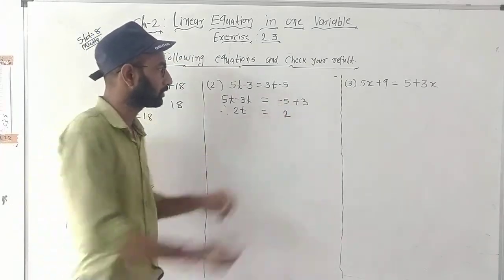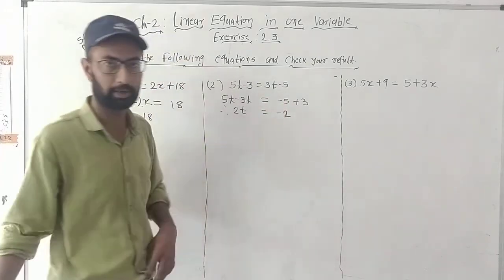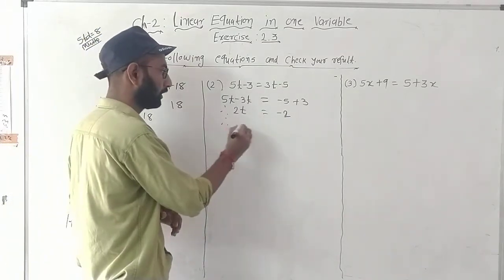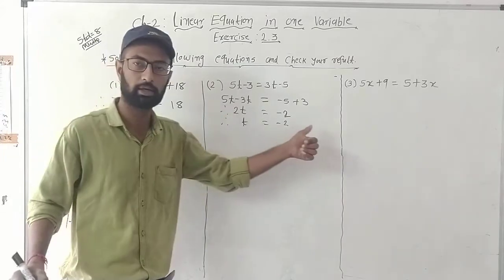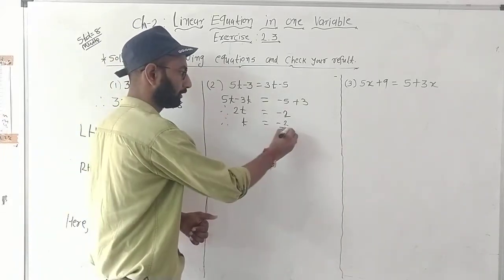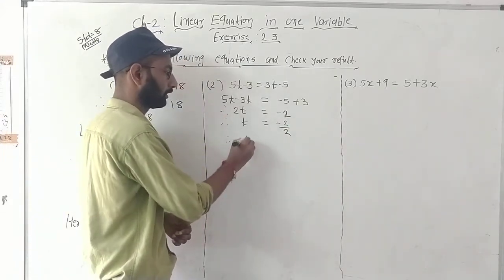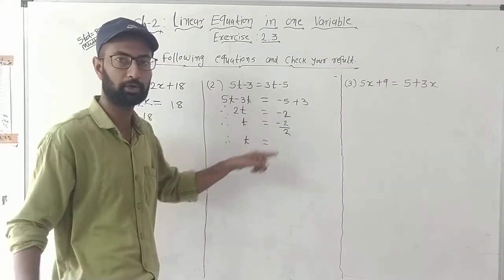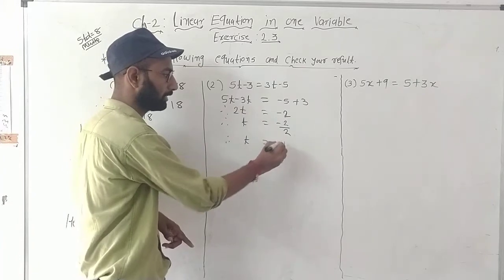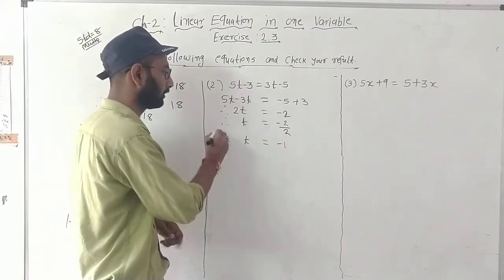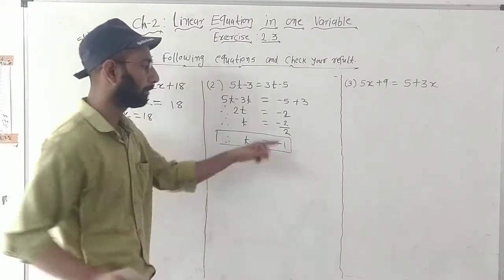Now 5 is biggest, so the sign of 5 is minus, so I will put minus. So t is equal to this minus 2 as it is, and this 2 will go into the denominator. So t is equal to minus 2 divided by 2. 2 1s are 2 and the sign is minus. So I am getting here the value of the variable is minus 1.